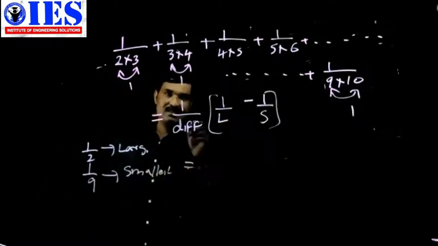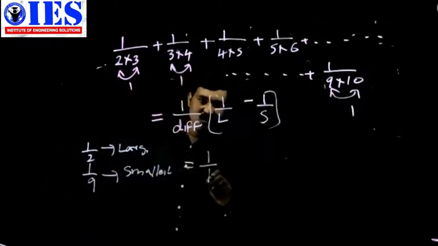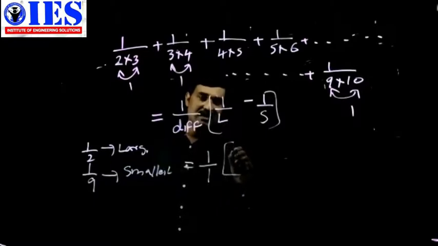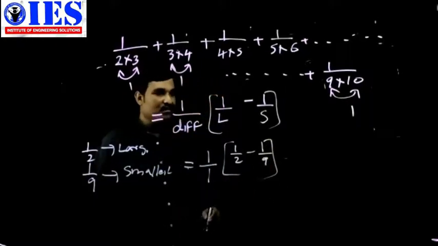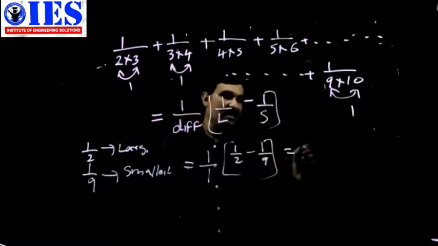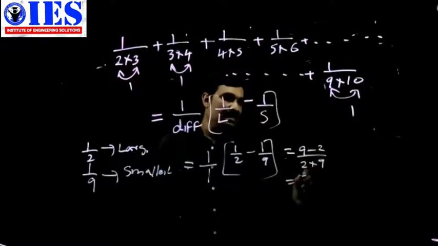So the answer becomes 1 by difference, the difference is 1, times 1 by the largest term, that is 1 by 2, minus 1 by the smallest term, that is 1 by 9. Now, simplify this. We get 9 minus 2 by 2 into 9, that is equal to 7 by 2 into 9, 18.